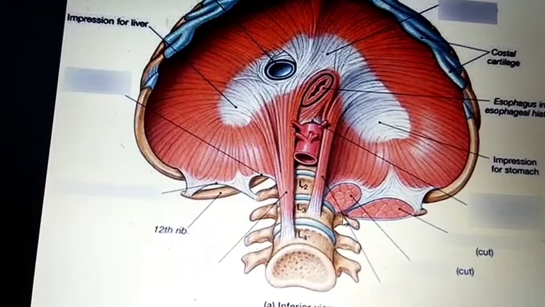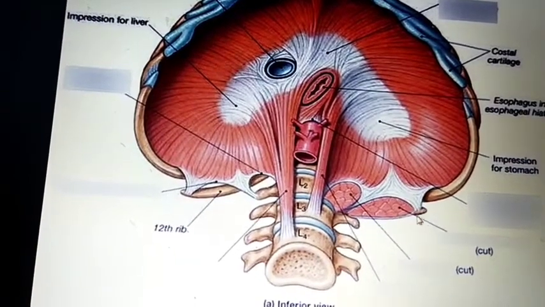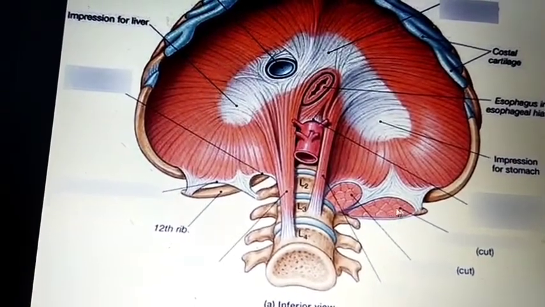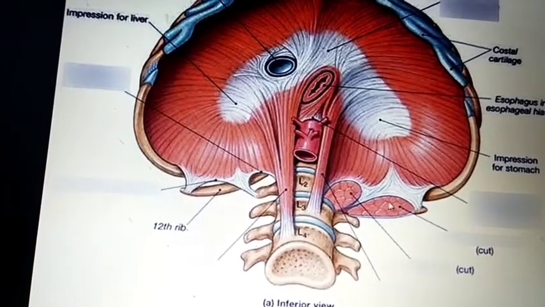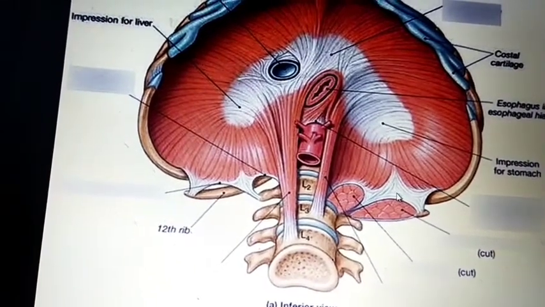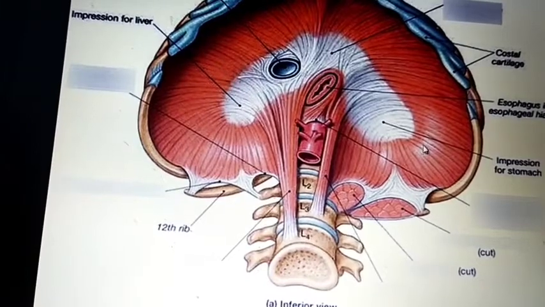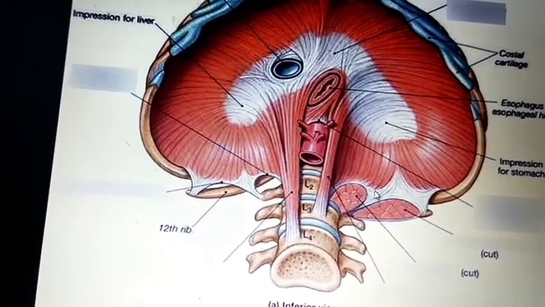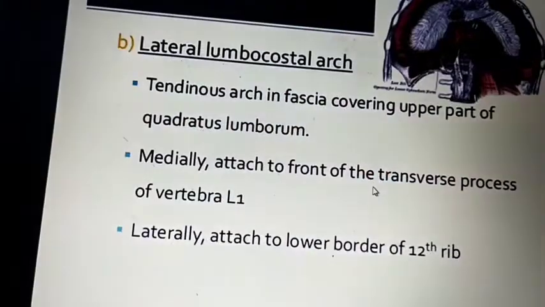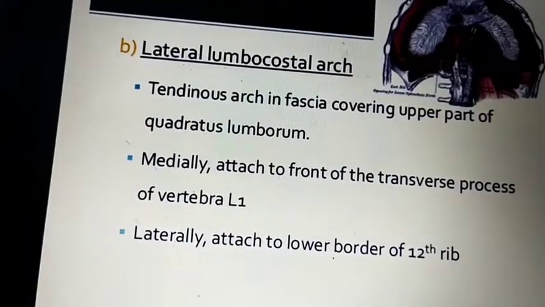Medially it arises from the transverse process of the vertebra, and this is the quadratus lumborum muscle, and it is present like this.